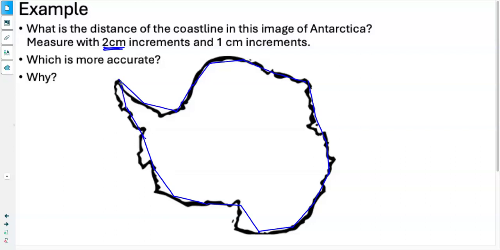Now we'll go around and count how many line segments we had, and then multiply by 2 to get our distance in centimeters. So we've got 1, 2, 3, 4, 5, 6, 7, 8, 9, 10, 11, 12, 13, 14, 15, 16, 17, 18, 19, 20. So we've got 20 times 2 centimeters. So we get the distance around, or circumference, is 40 centimeters.